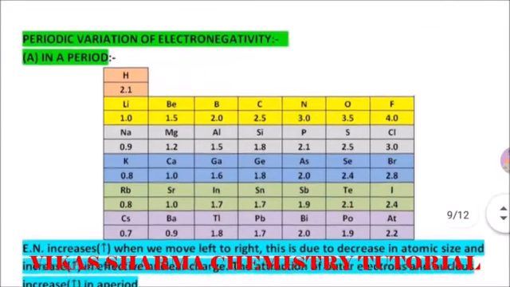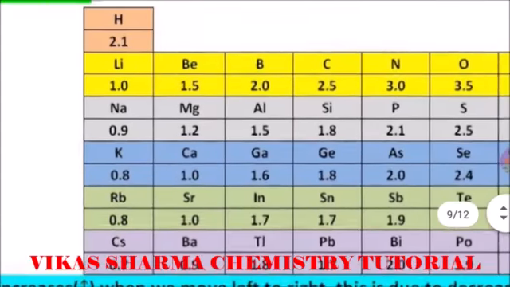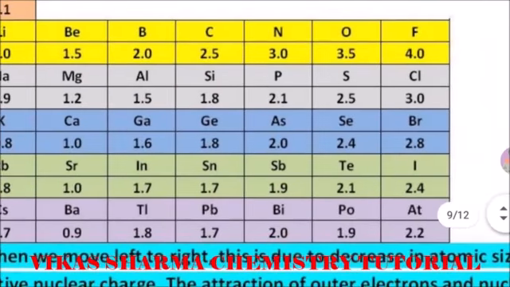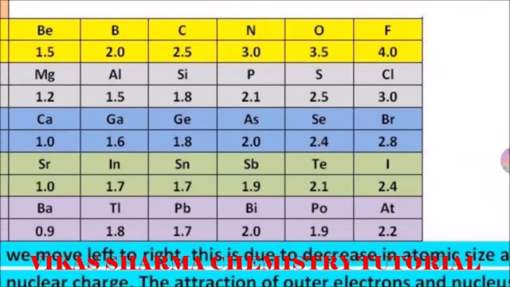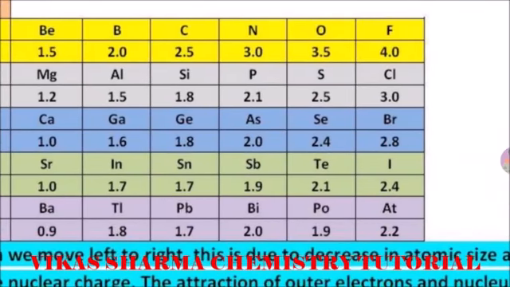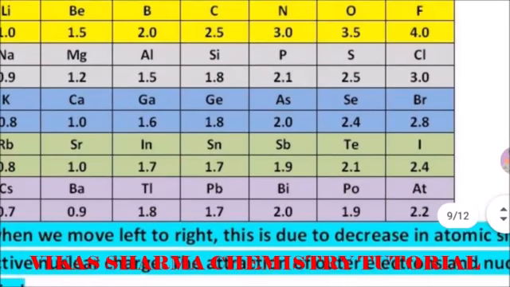Now, periodic variation of electronegativity. In a period, the halogen family has the greatest electronegativity value, meaning the attracting power in a covalent bond is great. Compared with other non-metals, for example the oxygen family and nitrogen family, fluorine is the highest, then oxygen and nitrogen.